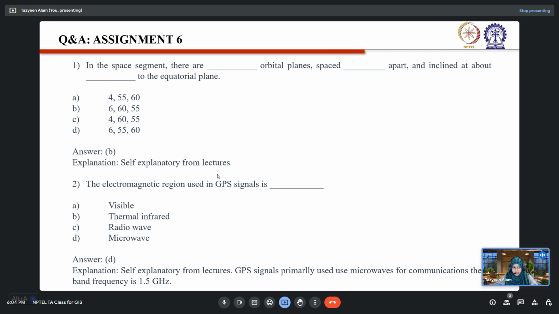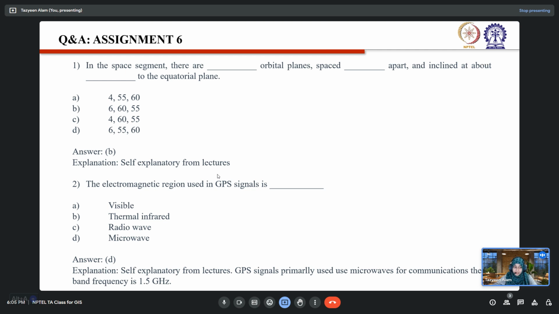The second question is: the electromagnetic region used in GPS signals is visible, thermal infrared, radio wave or microwave. In this case, the electromagnetic region used by GPS signals is microwave. Although it is self-explanatory, we have radio wave also, but radio wave actually falls within the microwave wavelength.